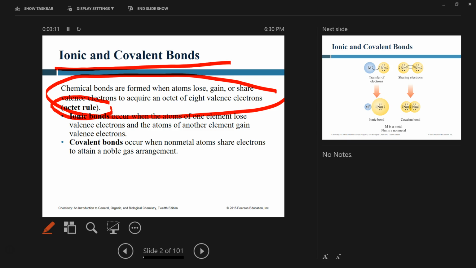Octo in Latin means 8. So far, you following me? So how can an atom achieve this octet? One way is to become an ion. We're going to be using, as an example, the elements in the first and the seventh representative groups, 1A and 7A.